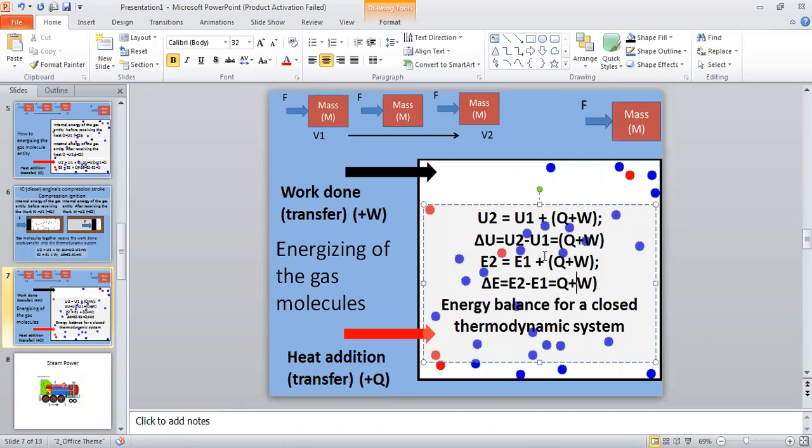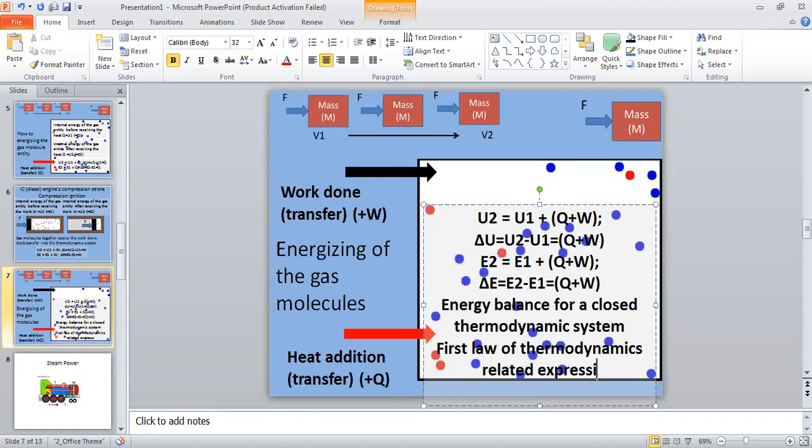You can read the first law, it's in your notes. So this is the first law of thermodynamics related expression for a closed system.